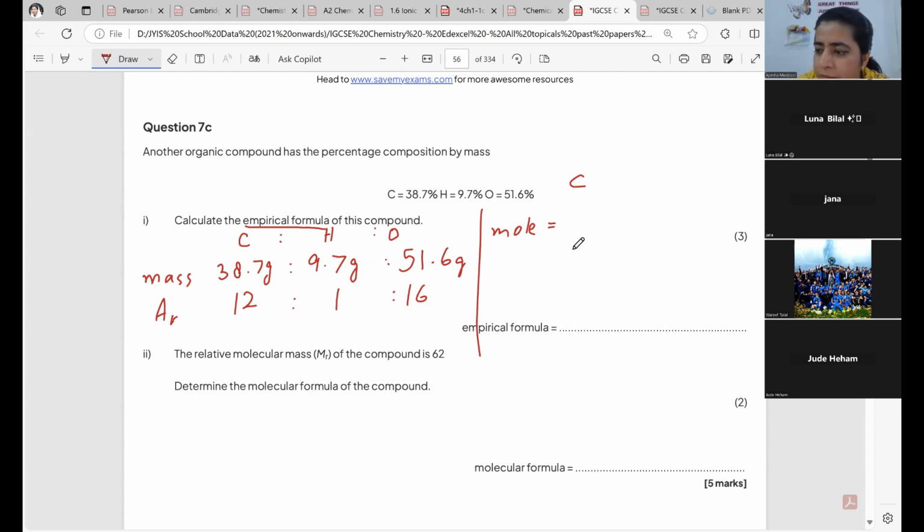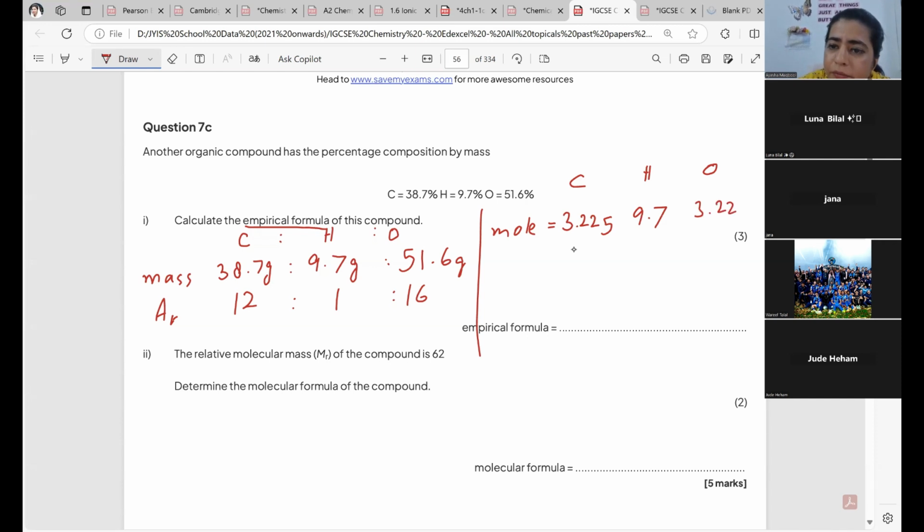The first one will be 3.225 for carbon. The second one, hydrogen, will be the same, because divided by 1 it is 9.7. For oxygen, it will be also 3.225.